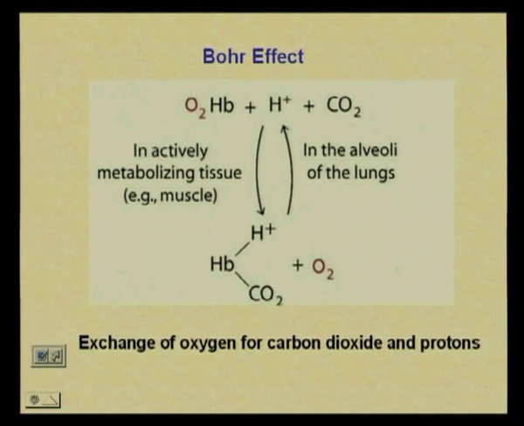Now, where is it going to do this? In the tissues, right? So, there is basically an exchange of oxygen for carbon dioxide and protons. Okay. So, essentially what is going to happen now is you are going to release the oxygen and it is going to become deoxyhemoglobin, but it is going to be associated with the carbon dioxide and the H plus.